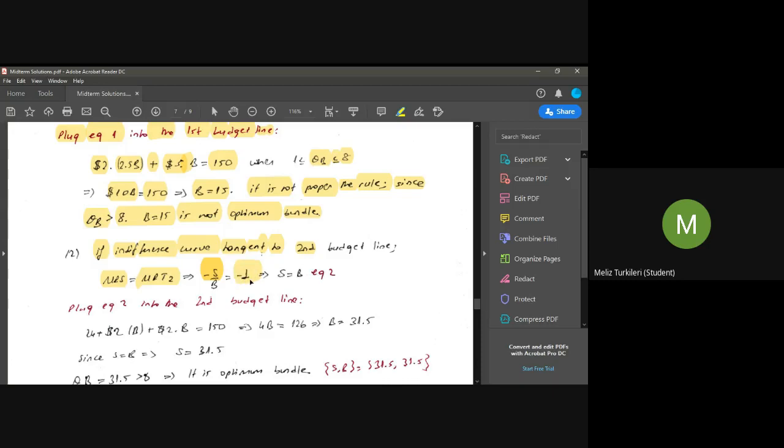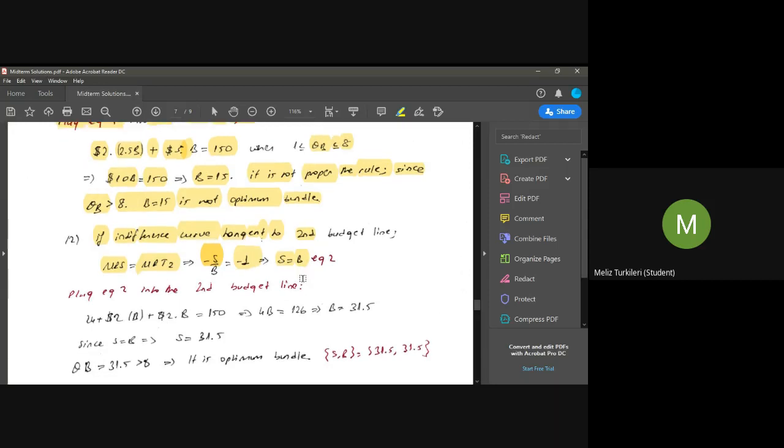Because we have a new budget line. Since we do the math, we will find out that S should be equal to B. Okay? Again, assume now this second equation that we find out.